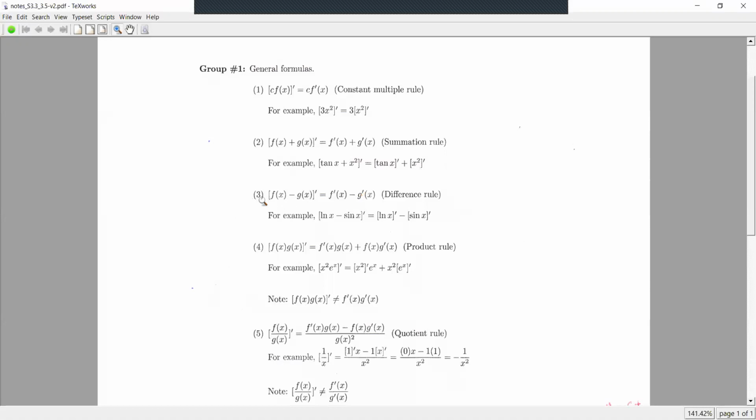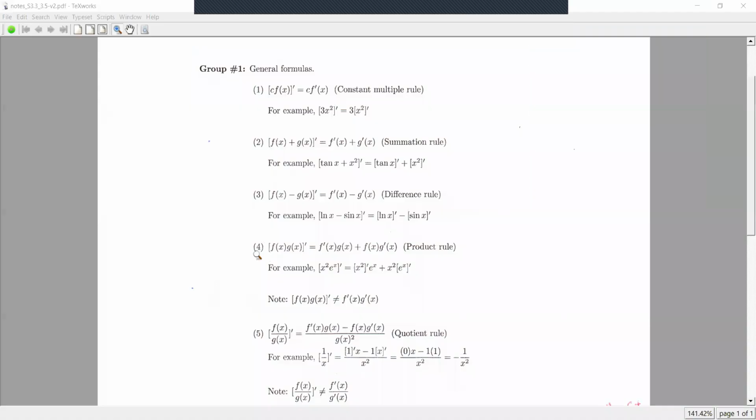The third formula, difference rule. Derivative of a difference is difference of the two derivatives. For example, natural log minus sine, then derivative is derivative of natural log minus the derivative of sine.